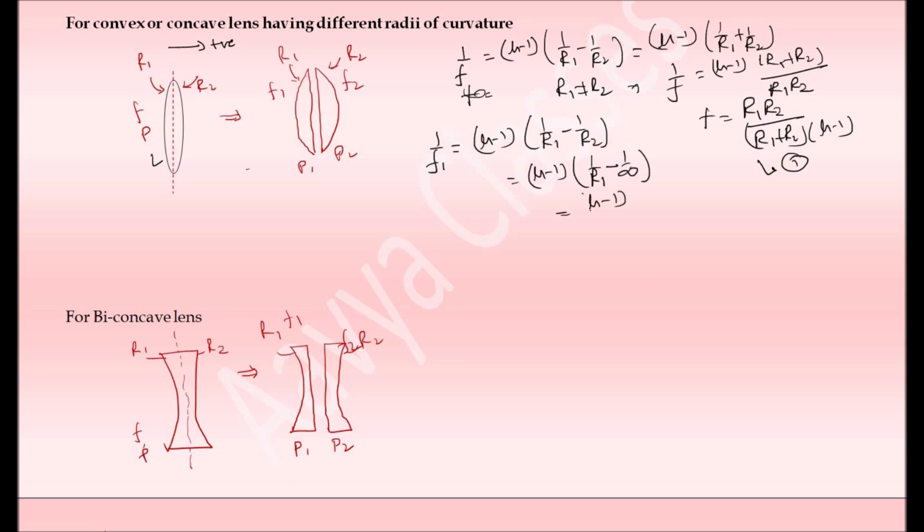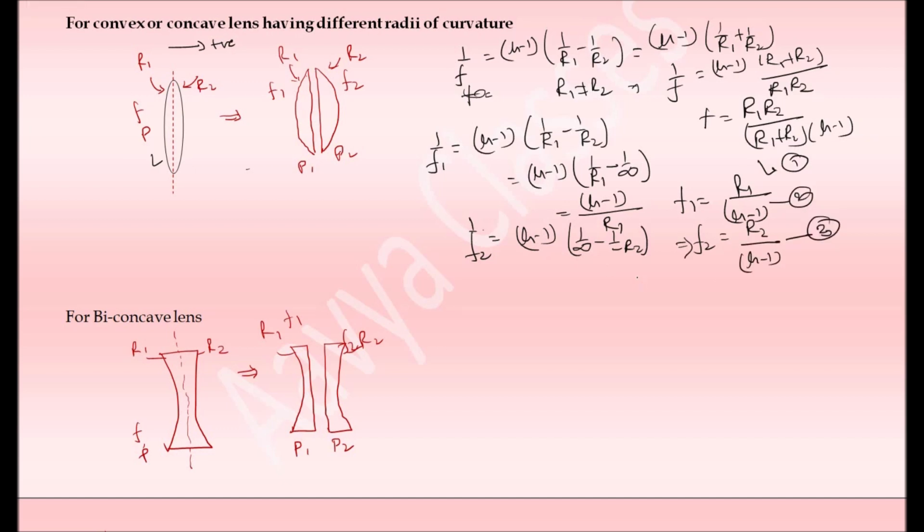We get (mu minus 1) divided by r1, and f1 is equal to r1 divided by (mu minus 1). Similarly, if we calculate f2, then 1 by f2 is equal to (mu minus 1) into (1 by infinity minus 1 by r2), and we get f2 is equal to r2 divided by (mu minus 1).